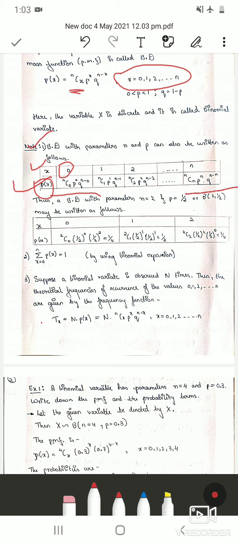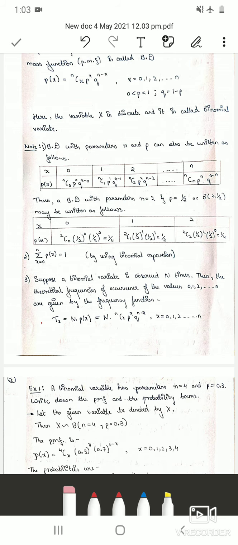So the PMF will be nCn p raised to n q raised to n minus n, and n minus n is 0. So q raised to 0 is 1. It will be nCn into p raised to n. So we can write the PMF like this also.